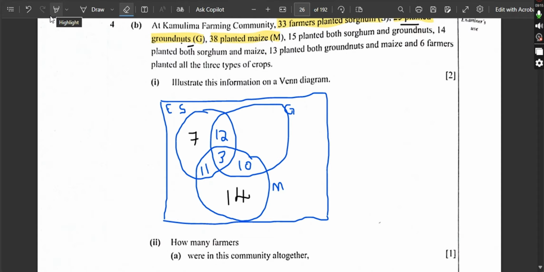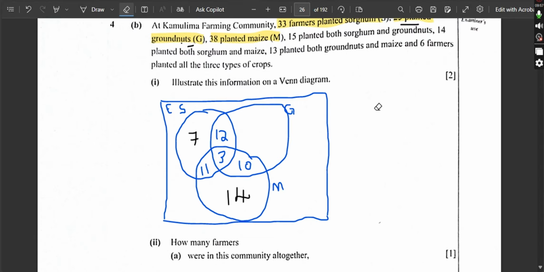So we're going to add 14 plus 11 plus 10 plus 3 plus 12 plus 7. This one is giving me 57. As you're watching, you can also add and confirm it's 57.